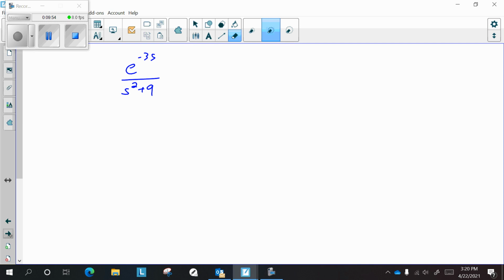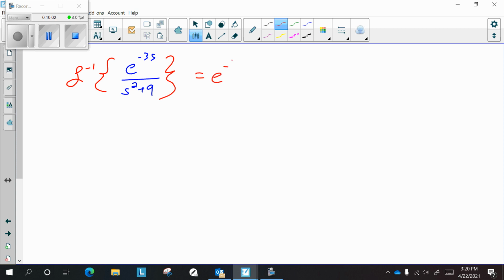So let's take a look at another one. If we want the inverse Laplace of this, then let's rewrite this as e to the negative 3s times 1 over s squared plus 9. So this is e to the negative as, and this is f of s.